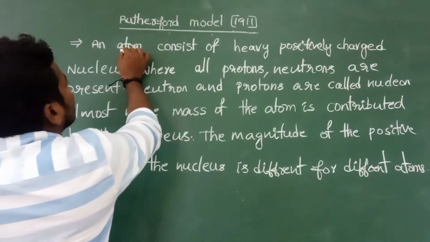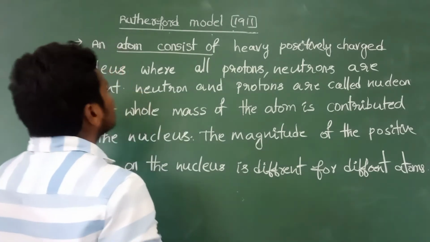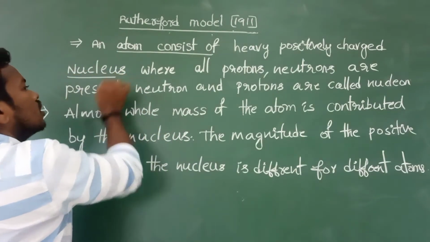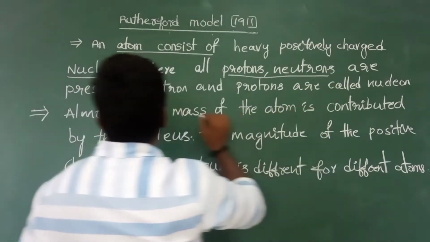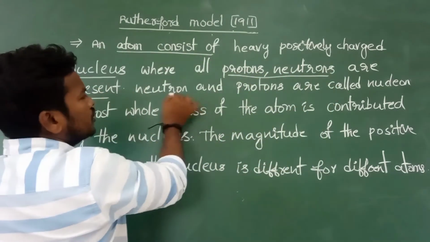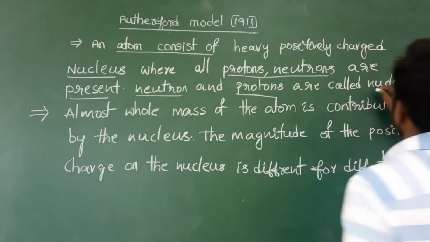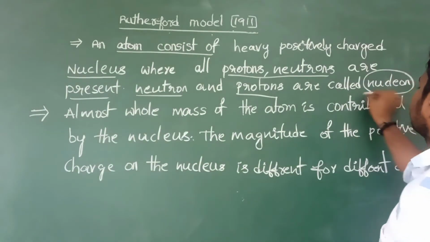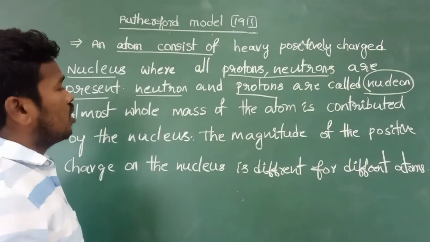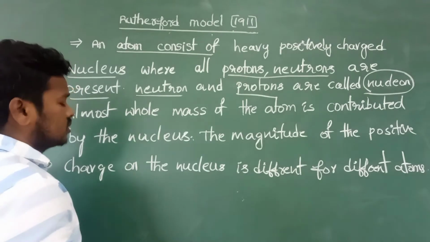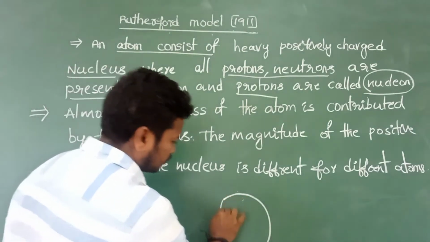You can see an atom consists of a heavily positively charged nucleus where all protons and neutrons are present. Neutrons and protons are collectively called nucleons. How do we understand this point? We know that the atom is a rounded shape.